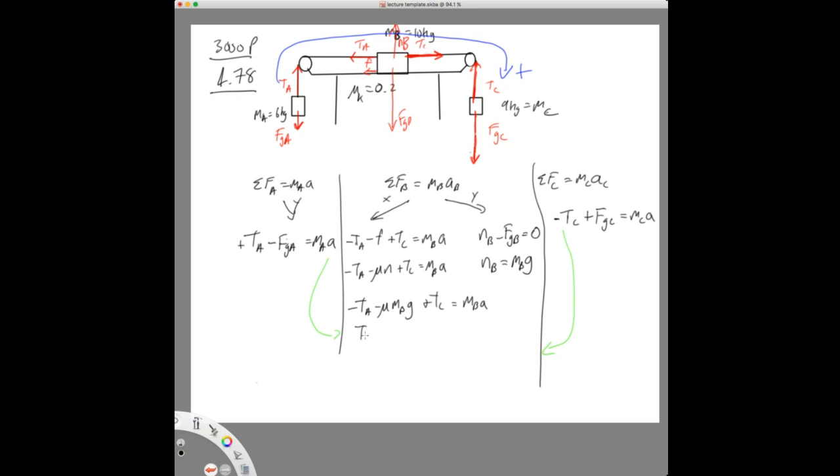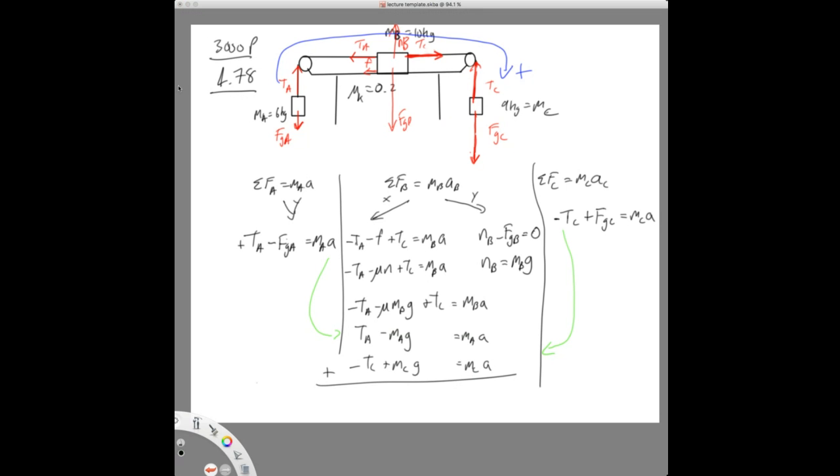And that is going to give me TA minus, let's make this MAg, equals MA times acceleration. And the equation from mass C gives me a minus TC plus MC times g equals MC times a. So those are my equations.